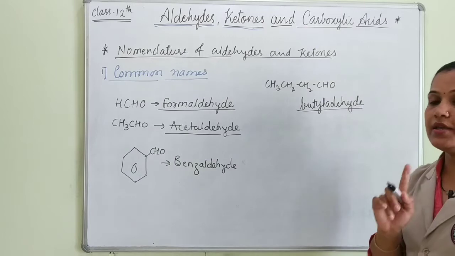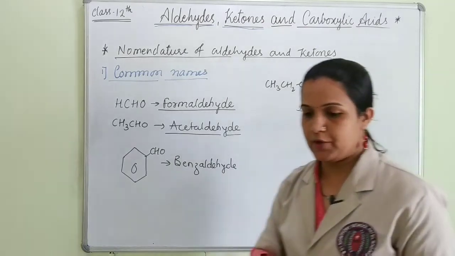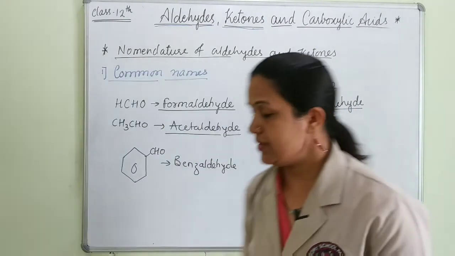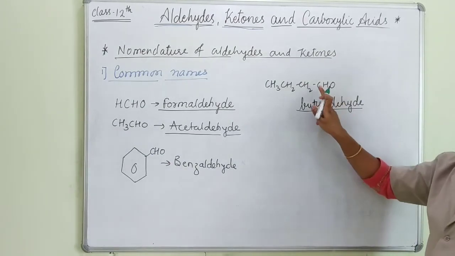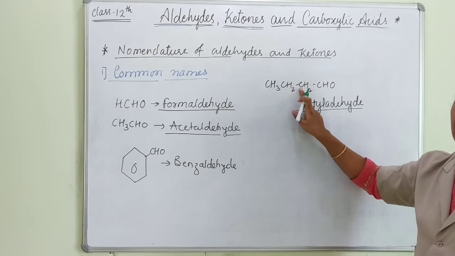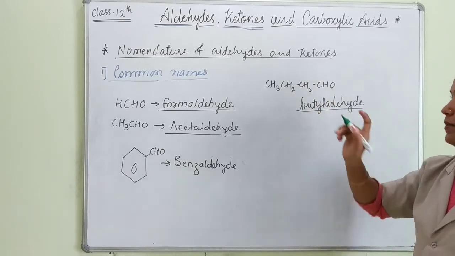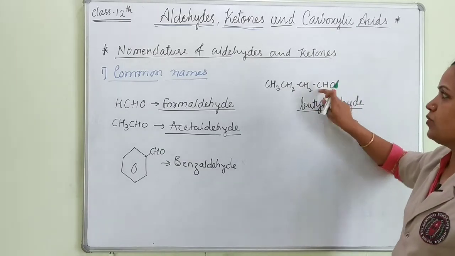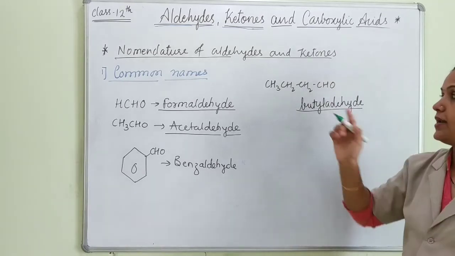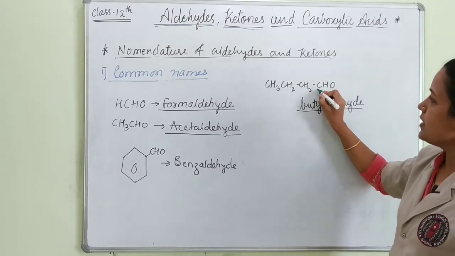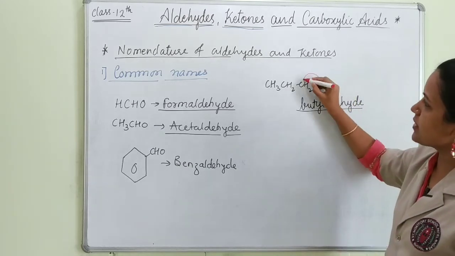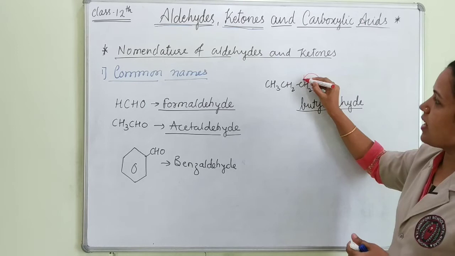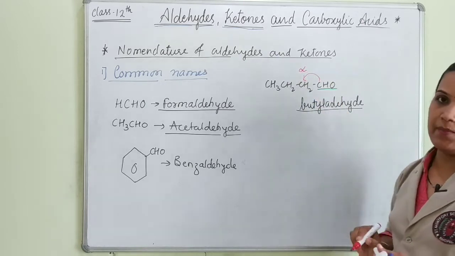One more thing we need to study, and I will show it with different pens, is the carbon positions. Often in the IUPAC name, the carbon which is directly attached to the functional group we count as 1. But see, this is the functional group, and the carbon directly attached to it is considered alpha.